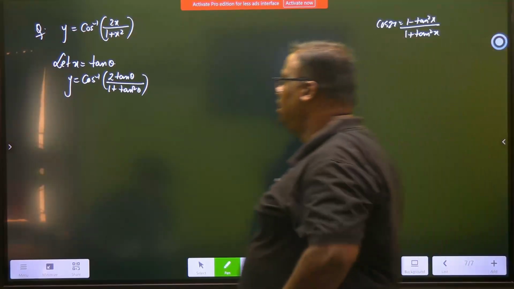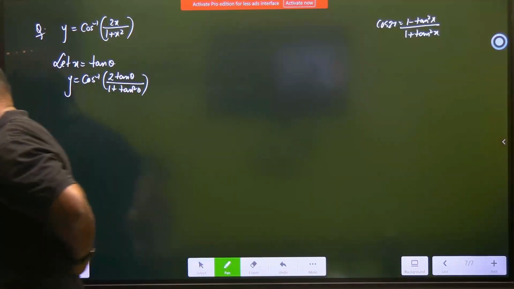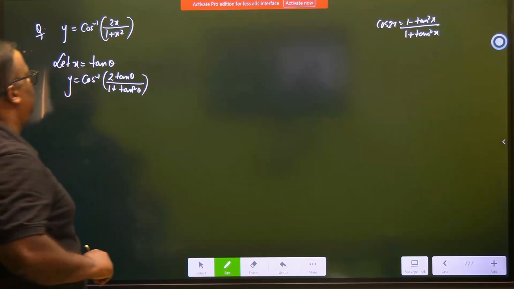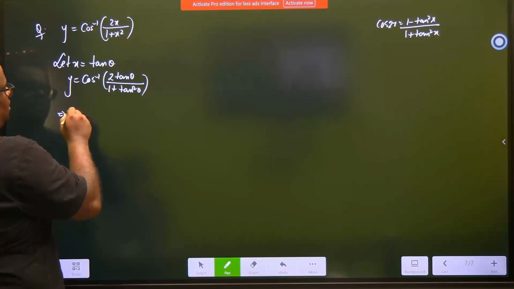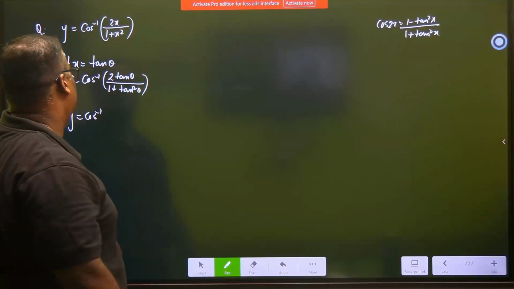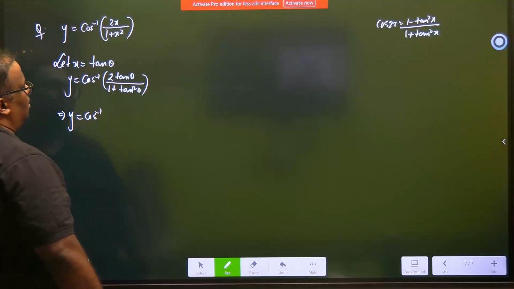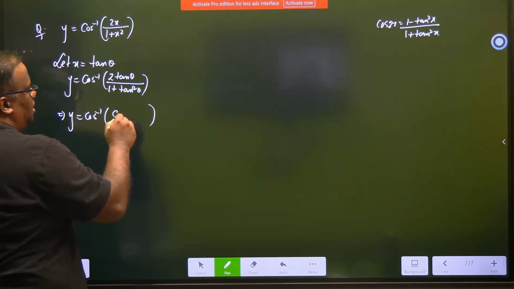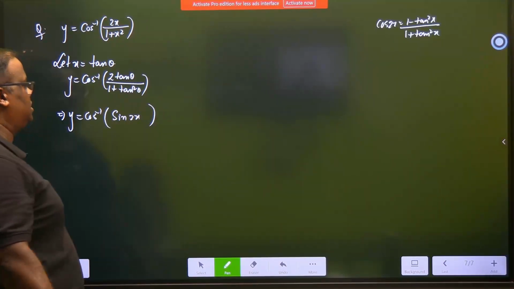This doesn't match, so what will we do now? How to do this? So let's see. What can we write for this? This is sin 2 theta.